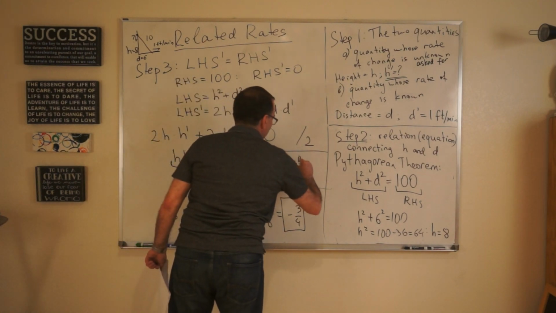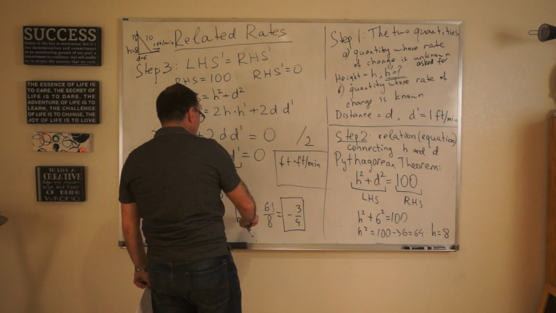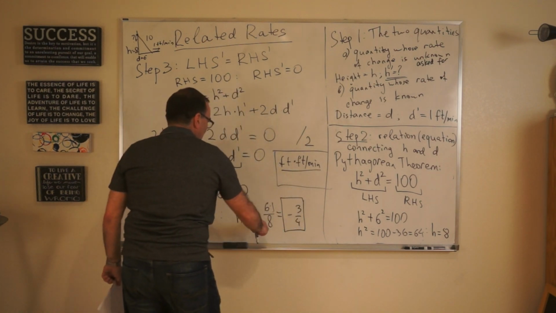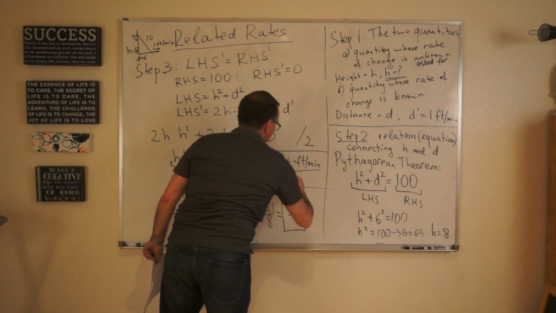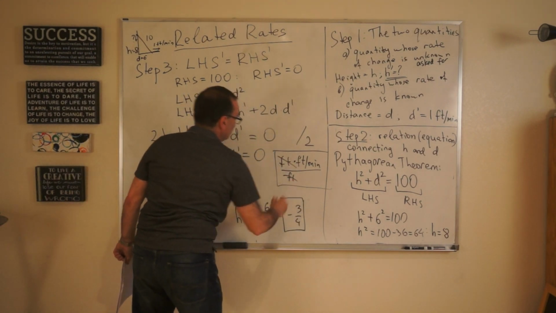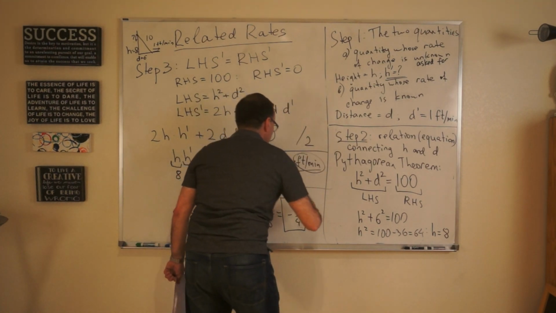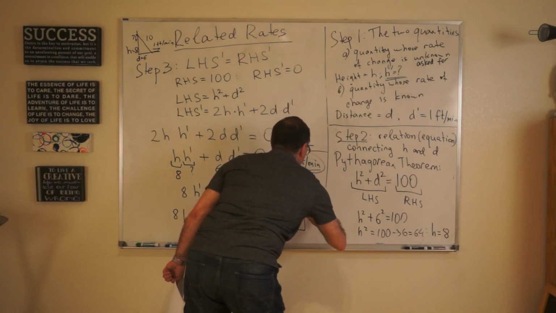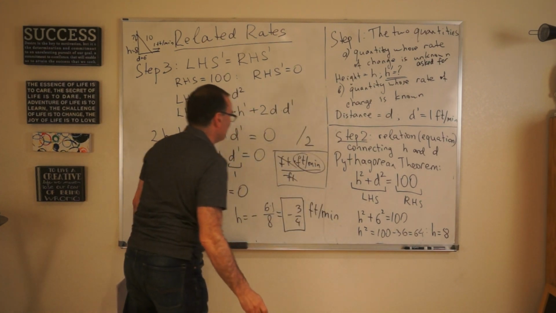So feet times feet per minute. And then divided by 8, which is again distance, measured in feet. So now the feet will cancel, and what we end up with is feet per minute. So the answer for the unit is feet per minute: negative 3/4 feet per minute.